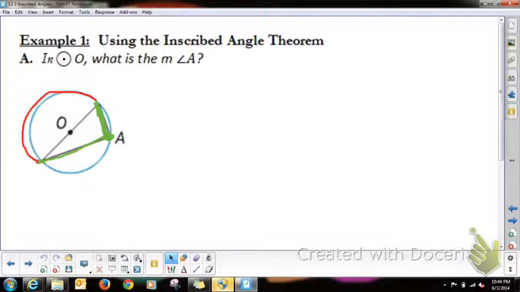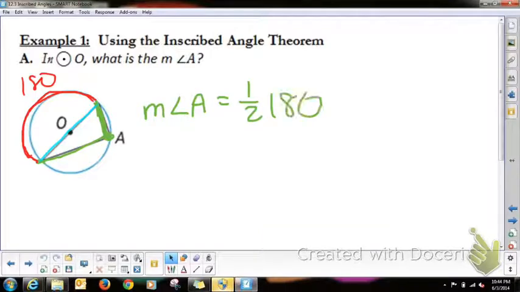This line is a diameter, so therefore this arc is 180 degrees. So angle A is going to be half of that. The measure of angle A is 1/2 of 180. So the measure of angle A would be 90 degrees.